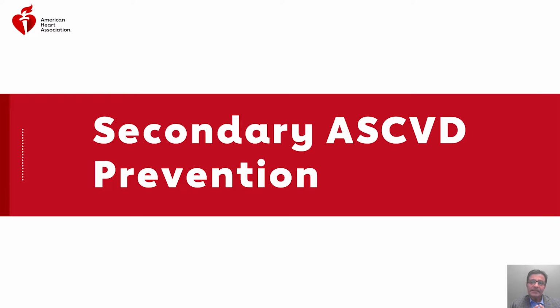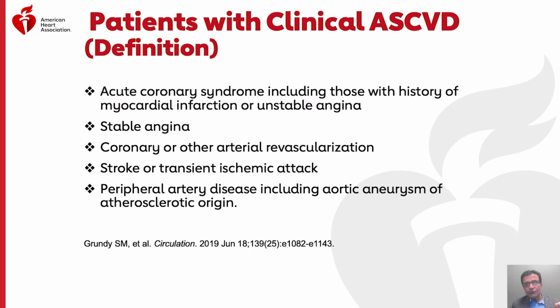And as I said, this webinar pertains to secondary ASCVD prevention. So first, it would be extremely important to understand who these patients are. Now, this may be very simplistic for you, but there's a reason why I have this slide, and I'll get into that in a second. So again, when we talk about patients with clinical ASCVD, some of us use the term secondary prevention. These are patients with established atherosclerotic cardiovascular disease. So these would be patients with a history of acute coronary syndrome.